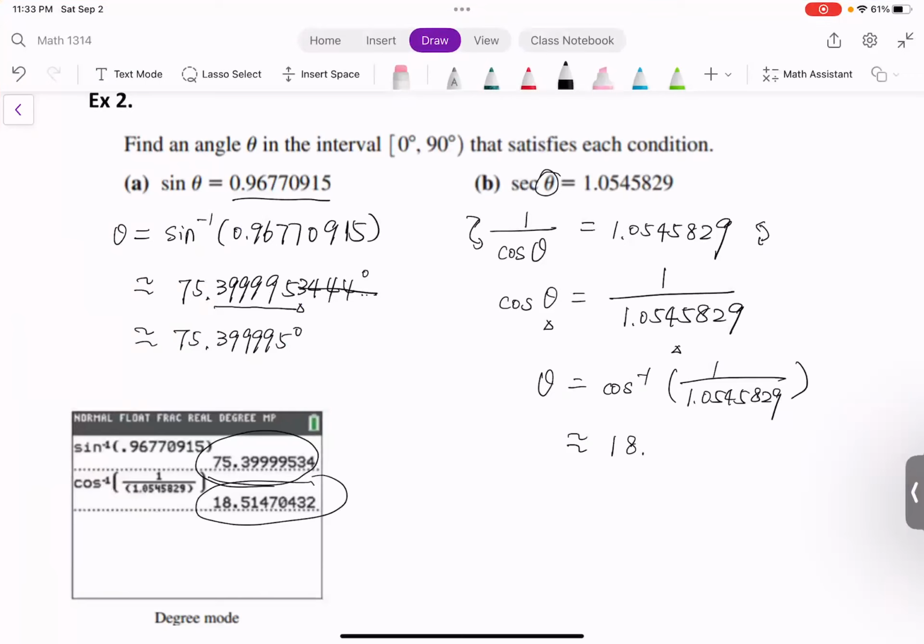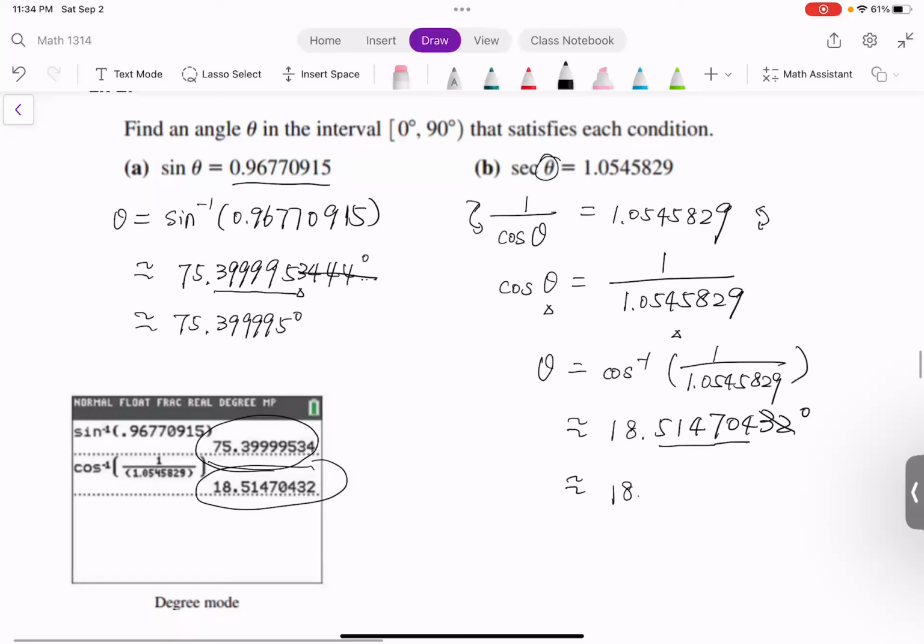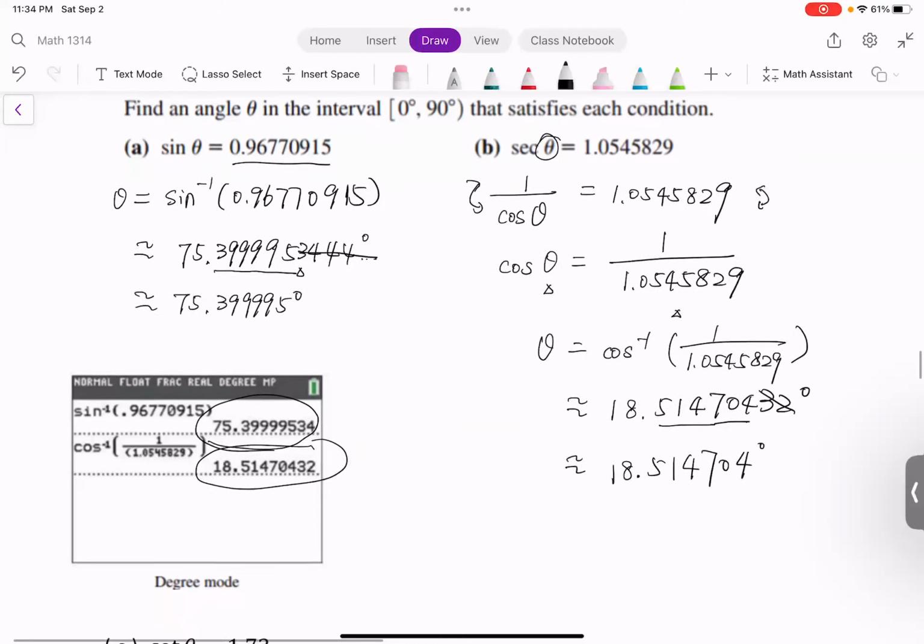Don't forget the degree. 18.51470432 degrees, and then we keep 6 decimal places: 1, 2, 3, 4, 5, 6. So ignore these. I have 18.514704 degrees. All right, we're done for this.